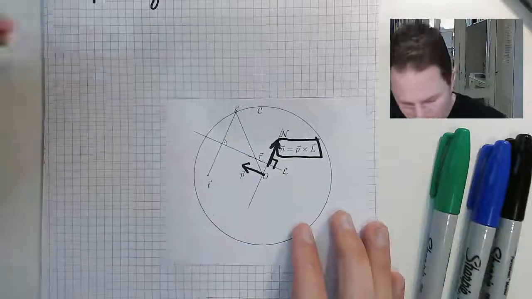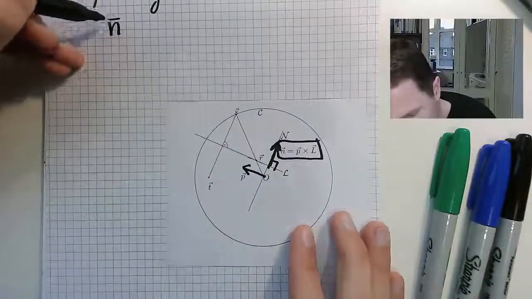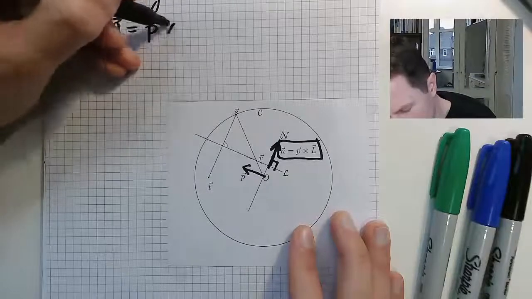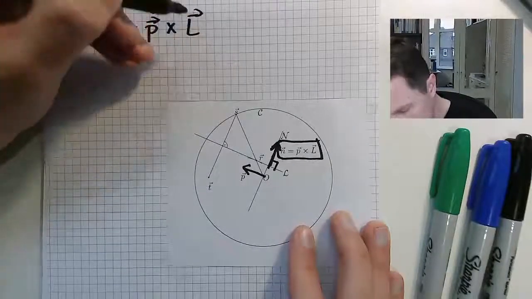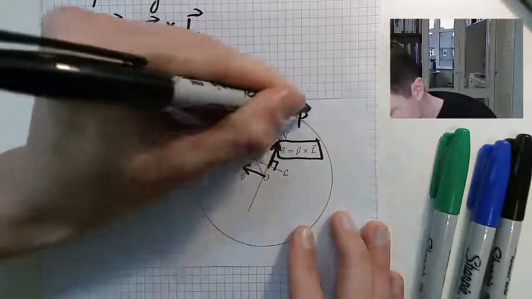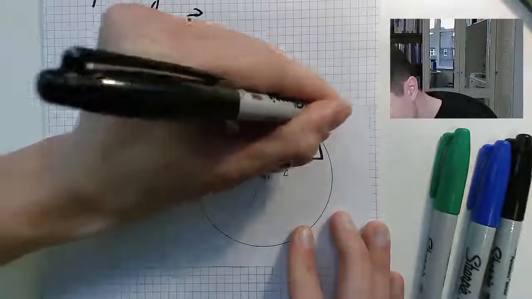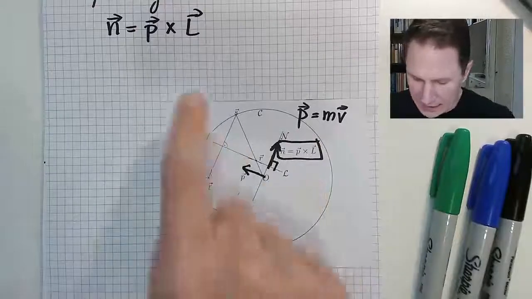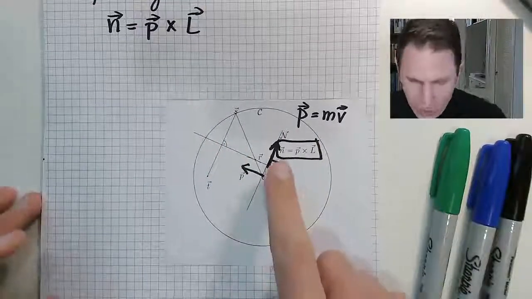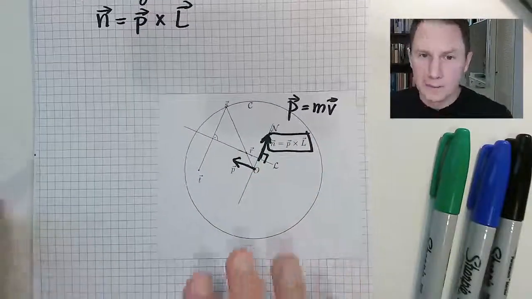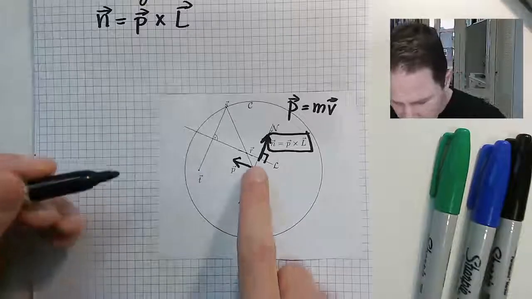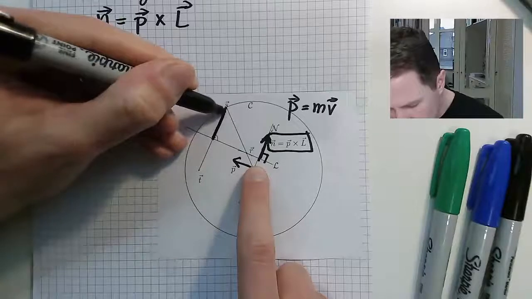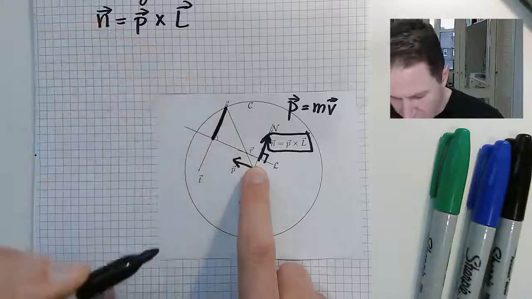Let me write that down. Little n is P cross L. P, let me remind you, is just the mass times the velocity vector, so that's the linear momentum, and L is the angular momentum of our body. What we are trying to do here is find out the length of this segment.